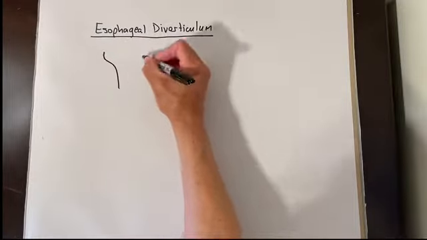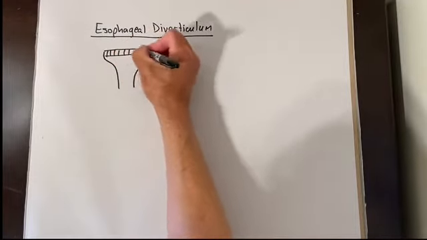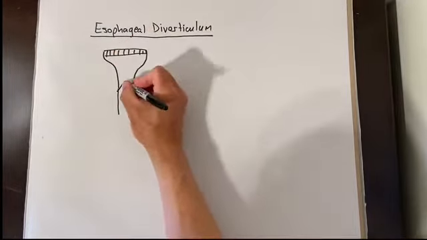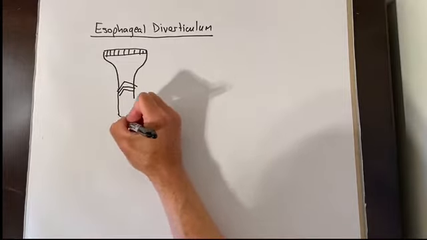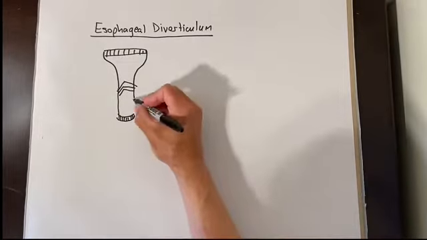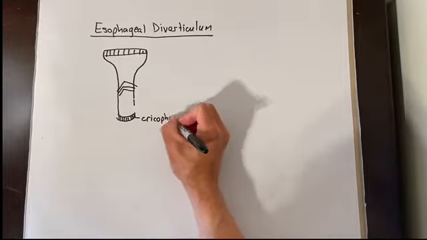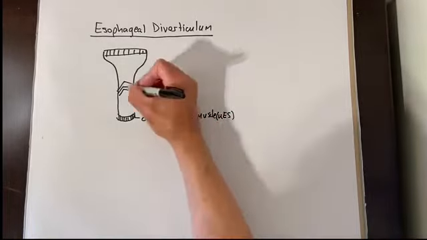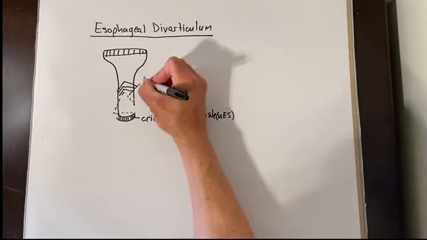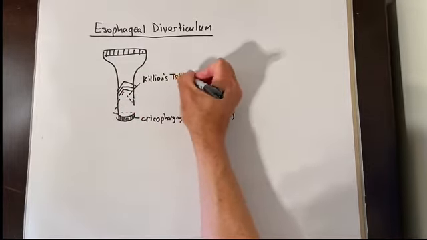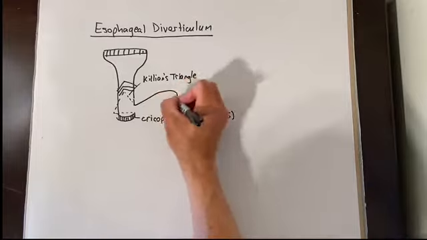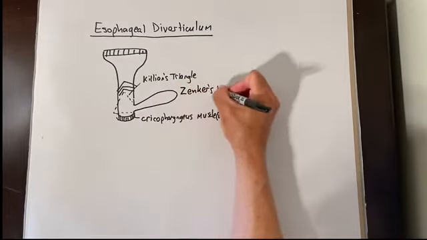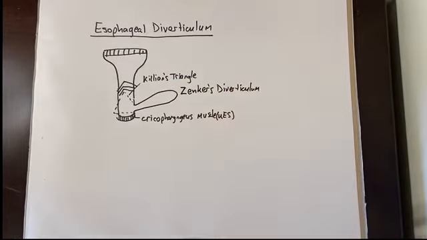Esophageal diverticulums. A Zenker's diverticulum is a pulsion diverticulum that occurs at Killian's triangle, which is located just above the cricopharyngeus muscle, which is also the upper esophageal sphincter. The Zenker's is an outpouching of mucosa over the cricopharyngeus, and food tends to get stuck in the pouch that causes bad breath, dysphagia, and regurgitation of undigested food.